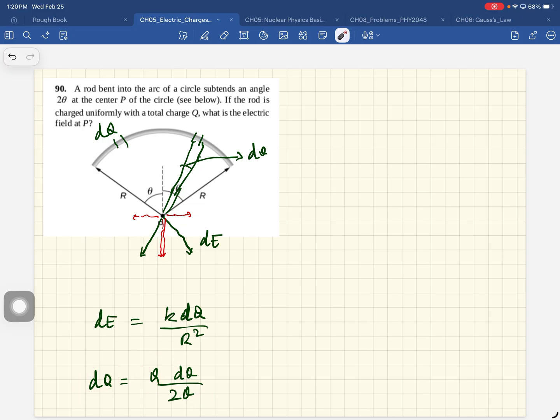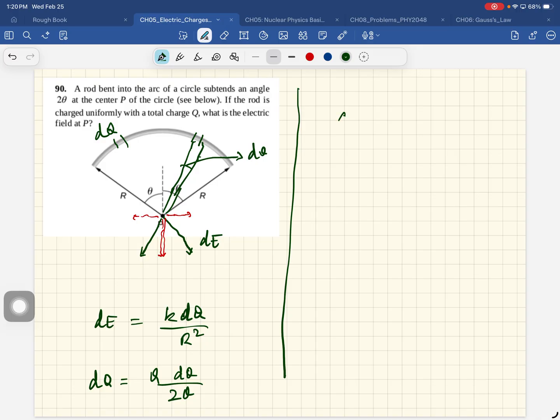That is the y component of the field due to this small angle d phi at this location. And then you just add up all over.